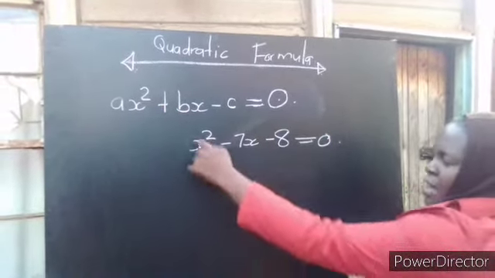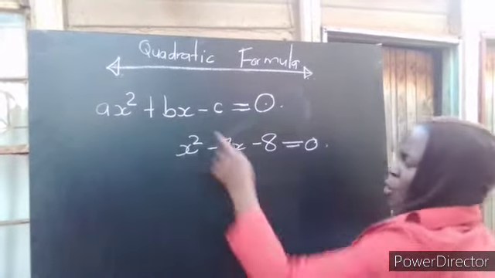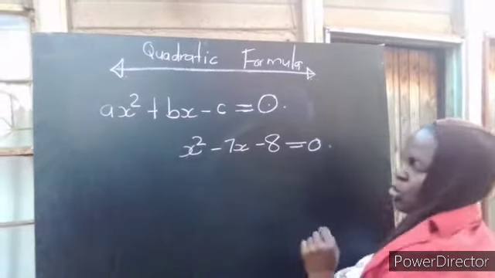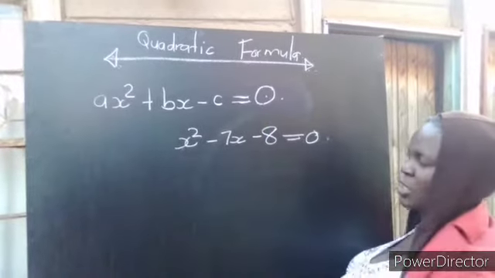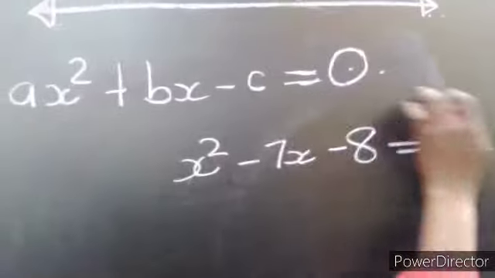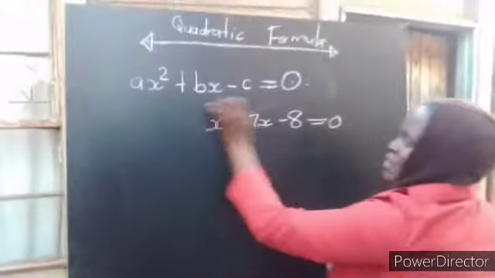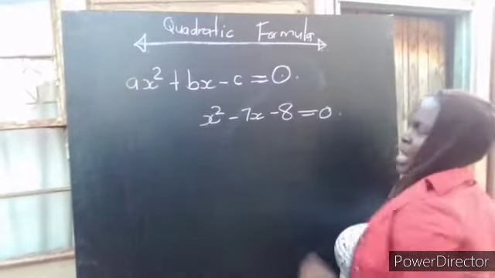So we have x squared here, which is our ax squared. We have this minus 7x, which is our x, then we have this minus 8, which is our constant. So yes, this equation is in the accepted form. You can solve it through the quadratic formula.